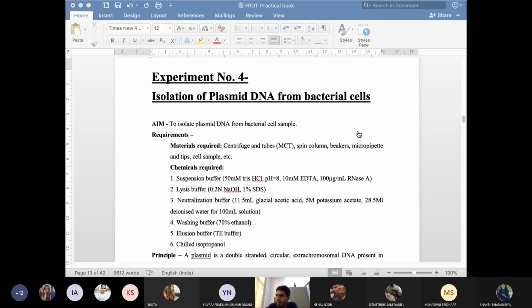Supercoiling means they are like this: one strand and two strands, and when they're supercoiled, they are entangled in this way. Means you can say simply these two rings are crossing each other. So your DNA is in this way. In single stranded form, it is going to be like this. But when it is a circular one, this is single stranded, this is again single stranded.